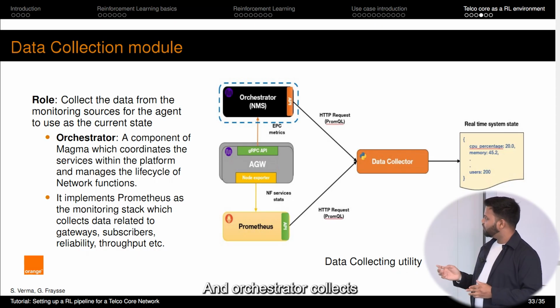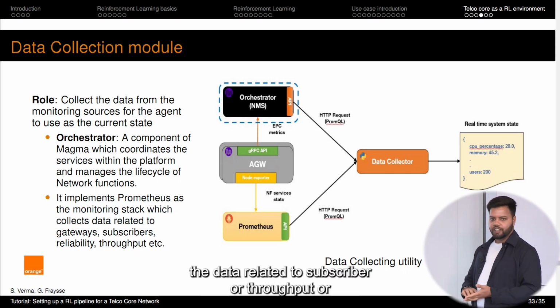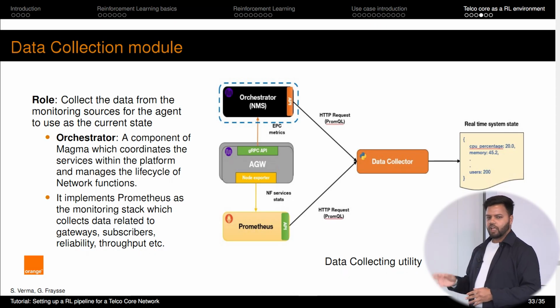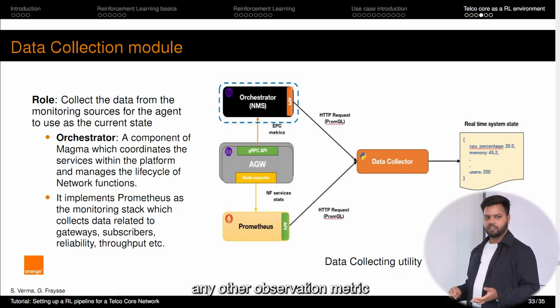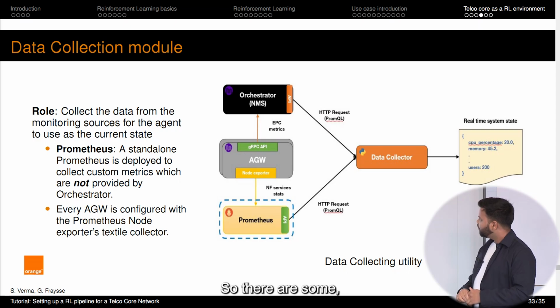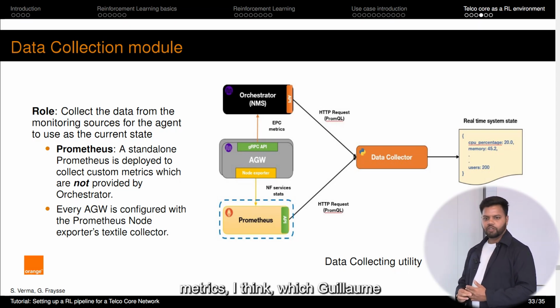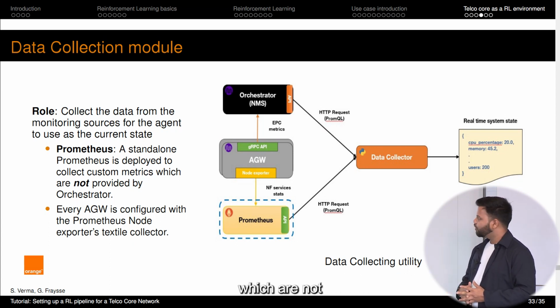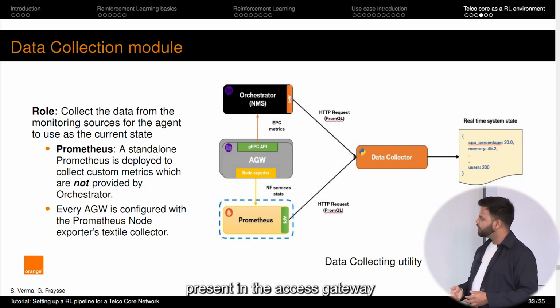And orchestrator collects the data related to subscribers or throughput or any other observation metric that a packet core can have. There are some metrics, which Guillaume mentioned in the scalability problem, which are not present in the access gateway.